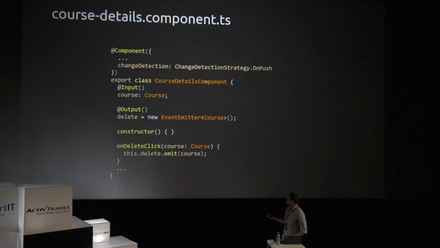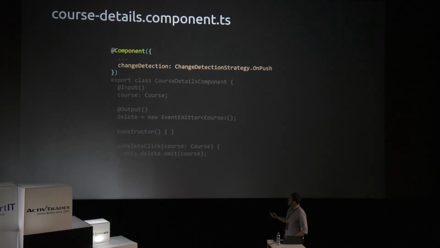This is our dummy component, which we already saw, the details component. And here we have a configuration in the component decorator. We can say change detection OnPush. That will inform Angular that this component only depends on its input, and any object that is passed to it should be considered immutable.